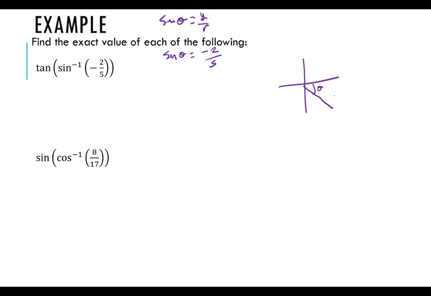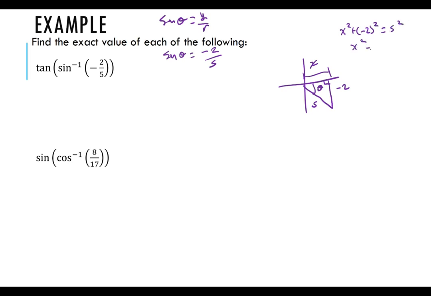So there's some theta here with my right angle, where specifically I know that my y is negative 2 and my r is 5. Then I can find the x value using the Pythagorean theorem. x squared plus negative 2 quantity squared is equal to 5 squared.